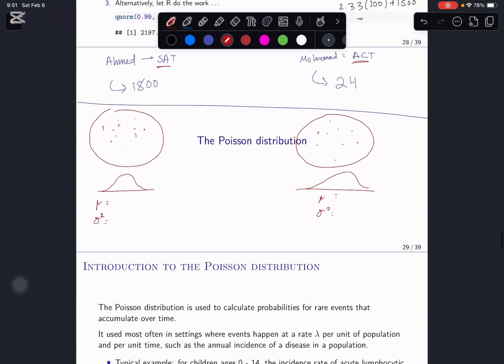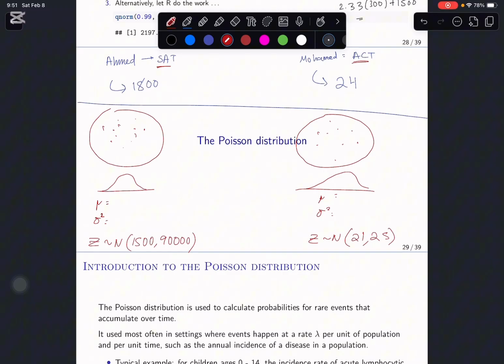Alright, they told you we're gonna denote the normal distribution of our exam, that the mean for the SATs was, for example, 1500 and the variance was 90000. And for the ACTs they told you we're gonna denote our normal distribution at the mean of it being, for example, 21 and the variance at 25.